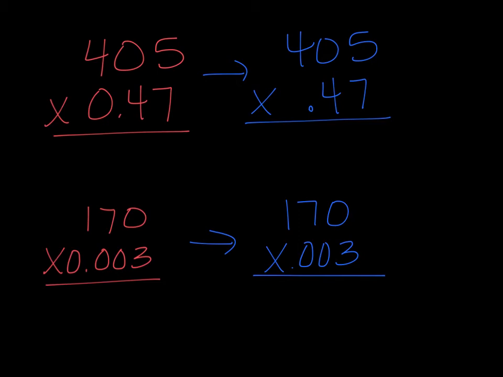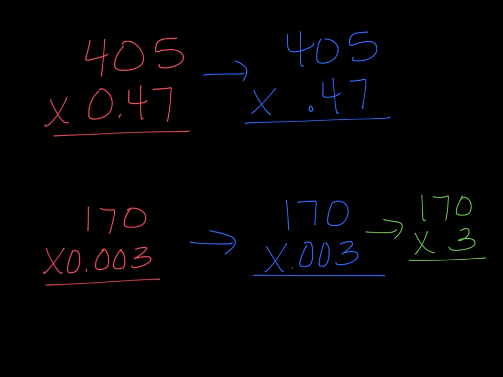Okay, and you guys, some of you probably do, but in 5th grade, you don't have to know how to multiply a 3-digit by a 3-digit number. And so really, this is the same thing as 170 times 3, except for the fact that it has 3 decimal places in one of the factors, so there'll be 3 decimal places in the product.